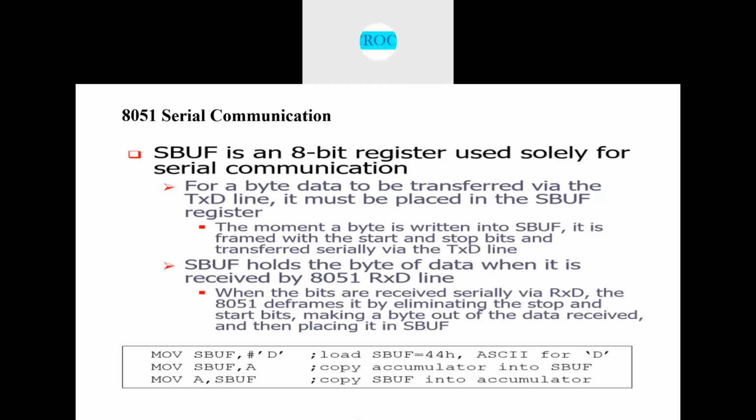This serial buffer register can be used like any other CPU register in the 8051. MOV SBUF, #'D', where D is an ASCII character: the hexadecimal equivalent of the character D is placed into SBUF, so SBUF will have the value 44H. MOV SBUF, A copies the content of the accumulator into the serial buffer.